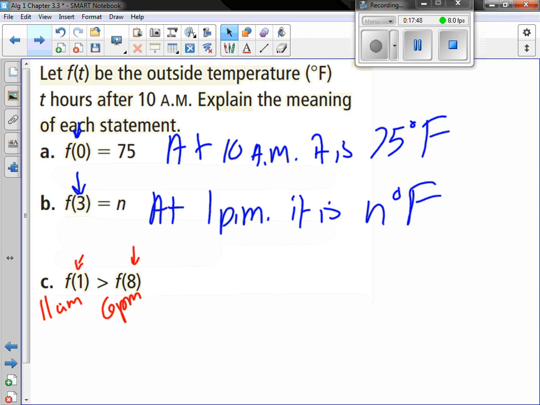Have I confused you enough yet? Do we get how we get there? Yes. Now, what is it telling us about the temperature?